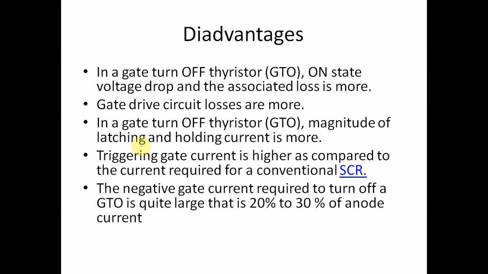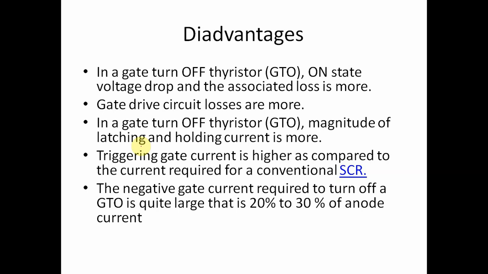These are some disadvantages of GTO. First, the on-state voltage drop and the associated loss are more. Gate drive circuit losses are more, because GTO turns off by applying negative gate pulses.